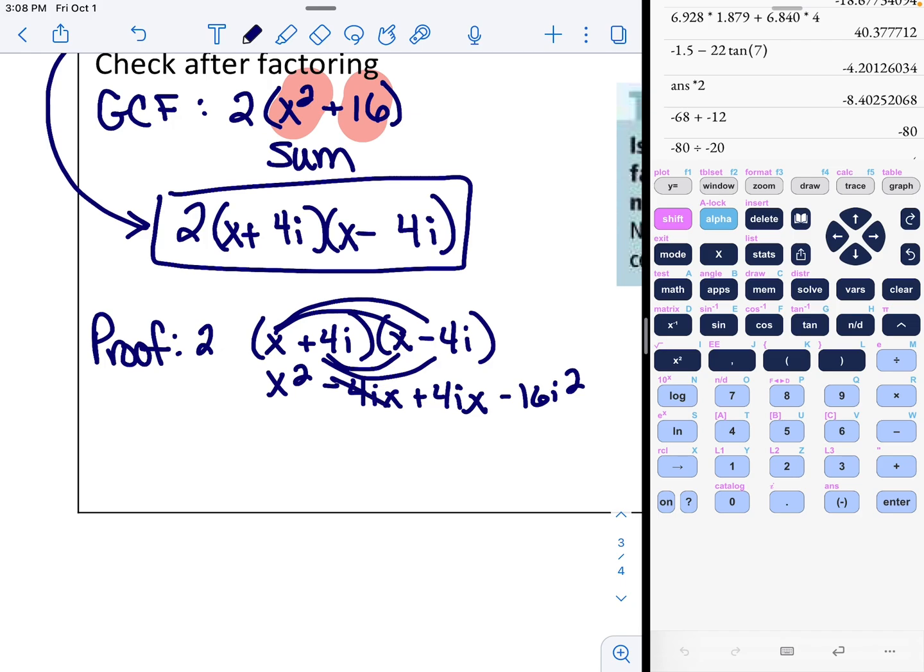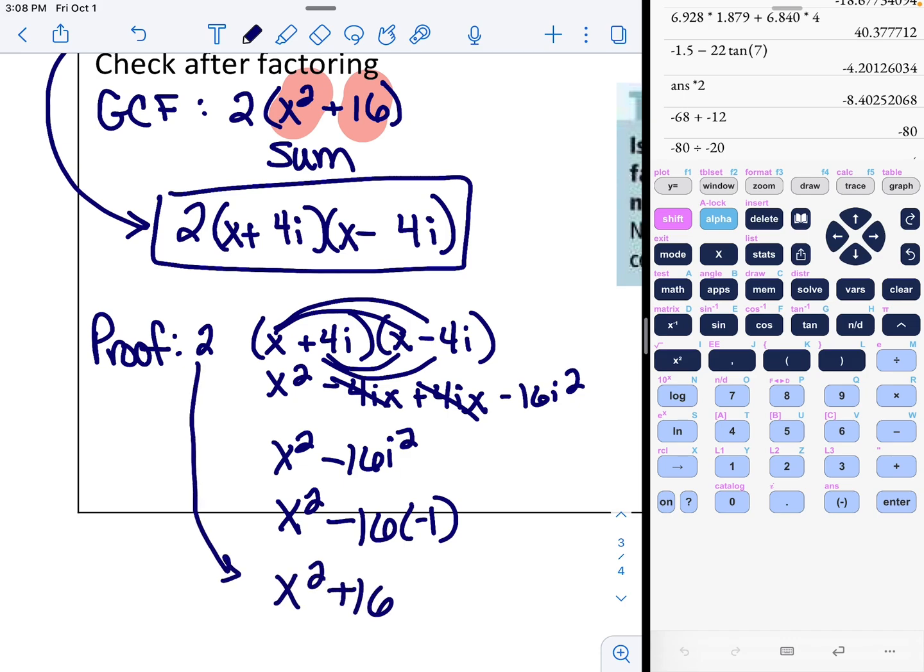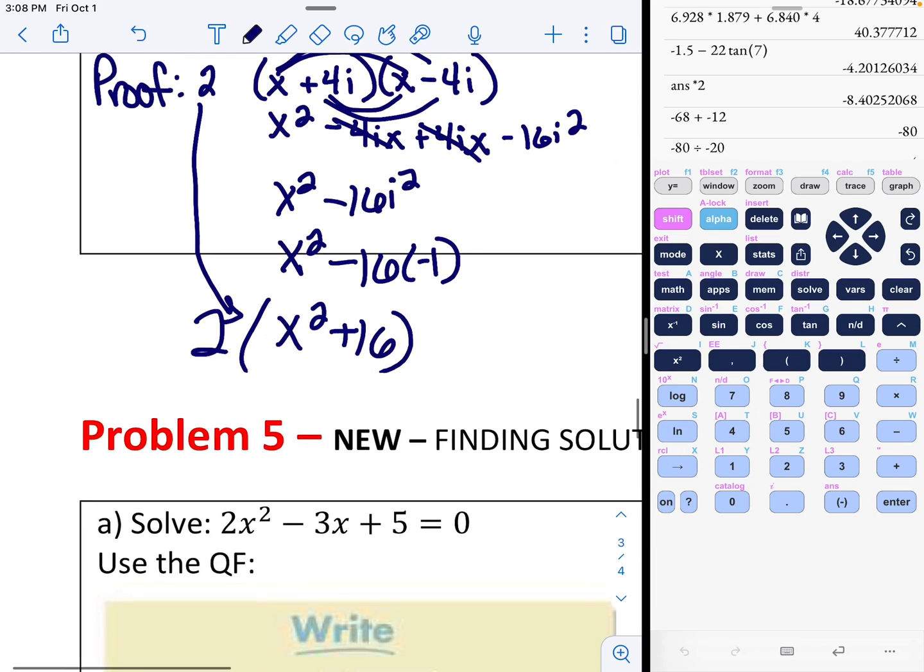You'll notice the 4ix's cancel, and you're left with x squared minus 16i squared, which is really x squared minus 16 times negative 1, which is really x squared plus 16. And if we put that 2 back in there, you would absolutely get the original form.